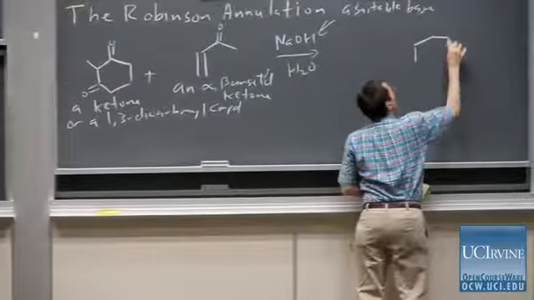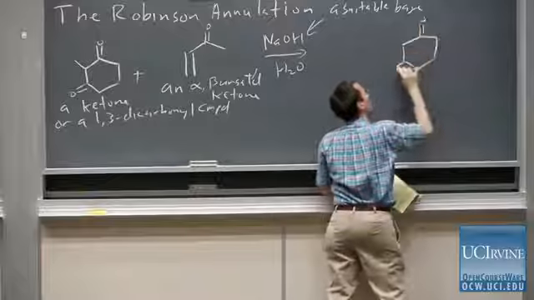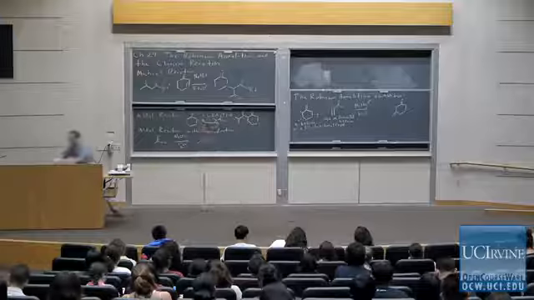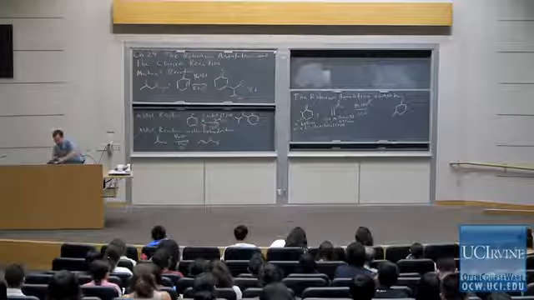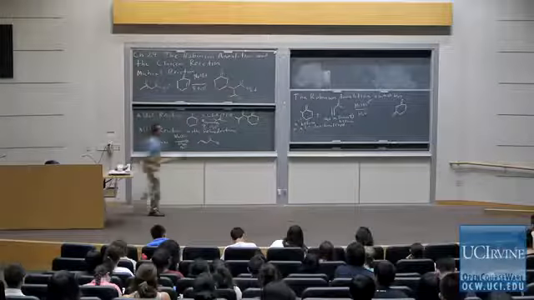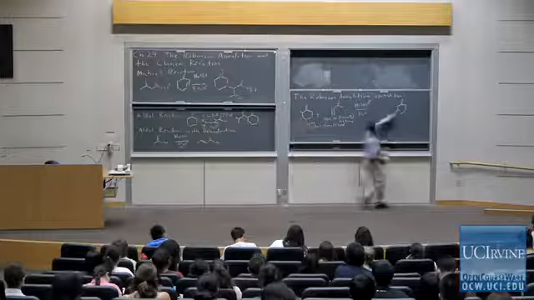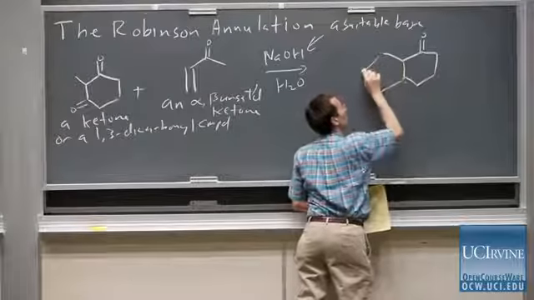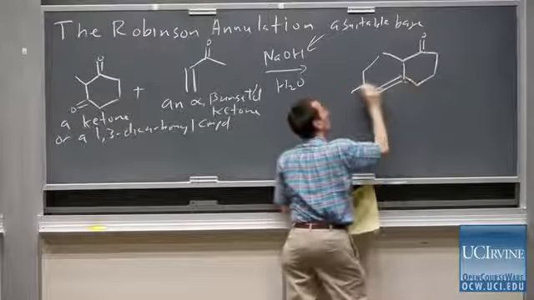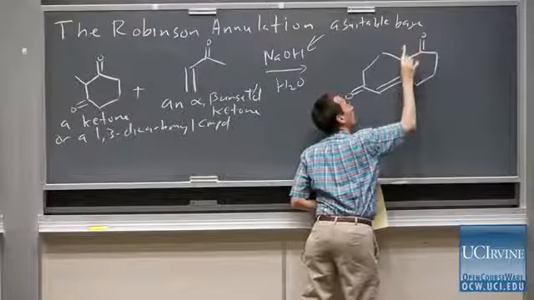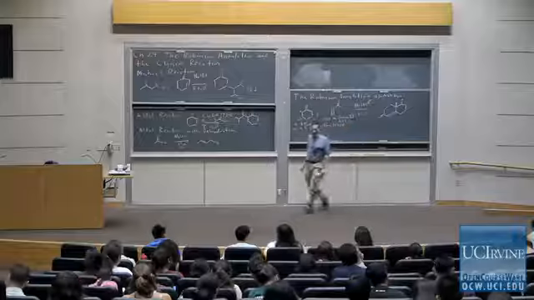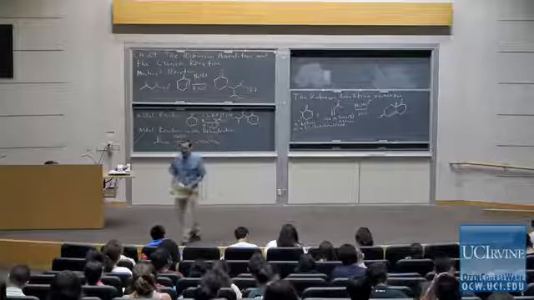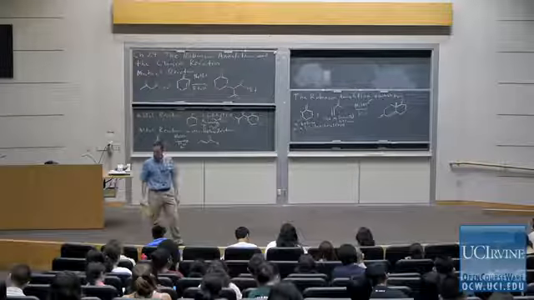And these two components come together in a series of reactions to form a cyclohexenone. And you look at that and you say, my God, how did that occur? Obviously, there's a lot of chemistry going on here.